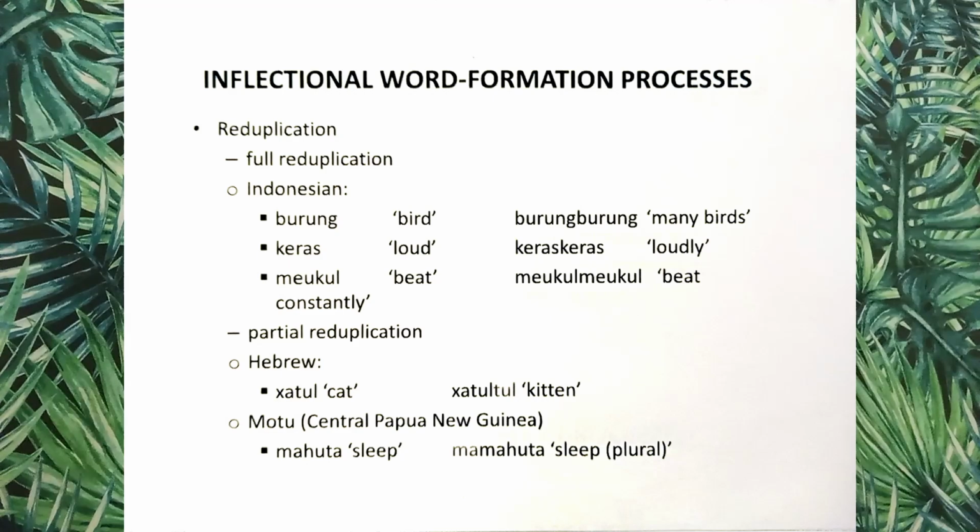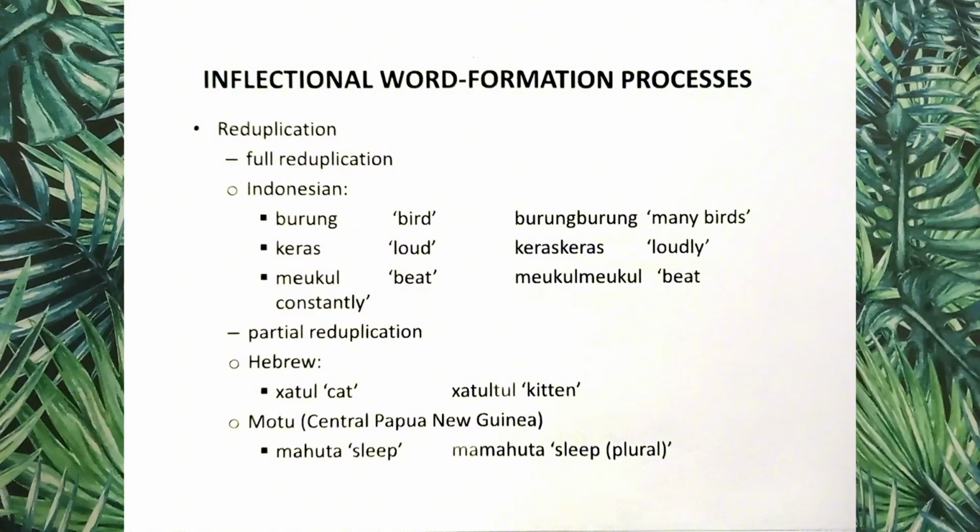Those three words mean bird, loud, and beat. So let's take the word burung. As the explanation for full reduplication, basically we are going to double the word burung, right? So burung becomes burung-burung, and the word changes from bird to many birds.